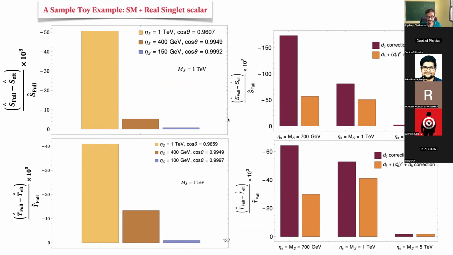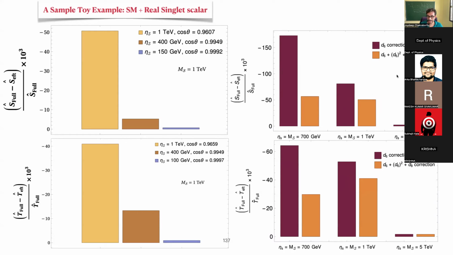And a similar game is played in the context of the defined order of the perturbation. For example, if I consider dimension 6 only and without doing any kind of RG, then I can see there's a significant deviation for the lighter masses, I would say, between the full theory and the EFT. But this deviation actually reduces once you include the dimension 8 contribution. And as I told you, if I include dimension 8, then obviously I have to include dimension 6 squared, because otherwise I will be missing some intermediate contribution.